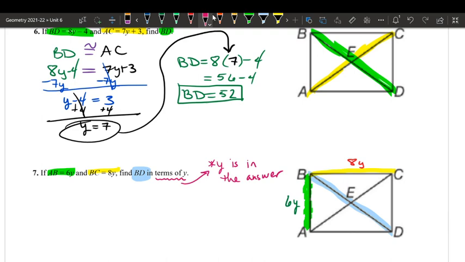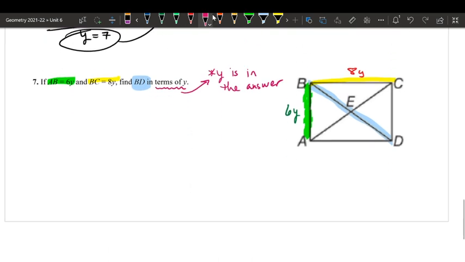All right, so looking at the picture, what can I do with that? I have two sides of a rectangle, and I have a diagonal. What are the properties of rectangles?